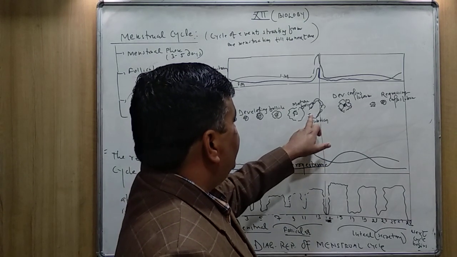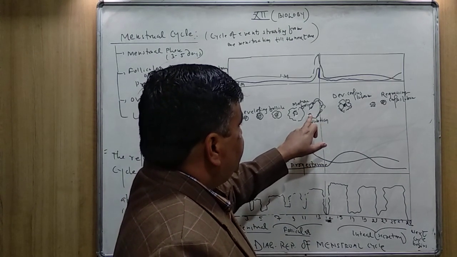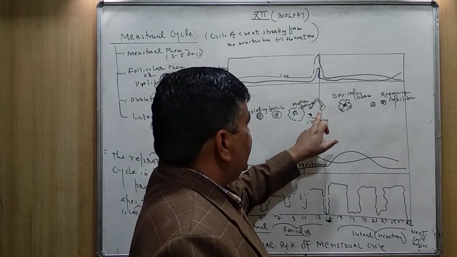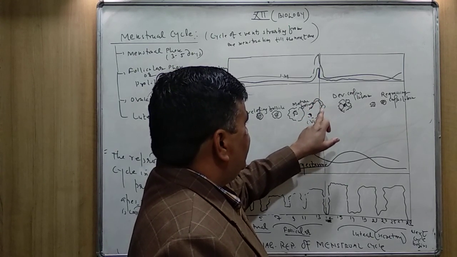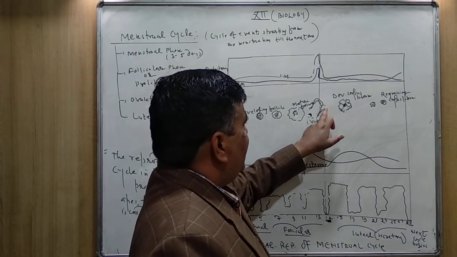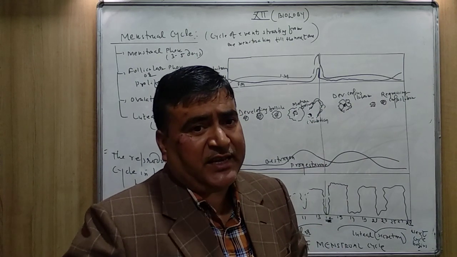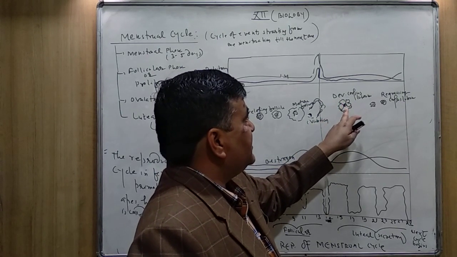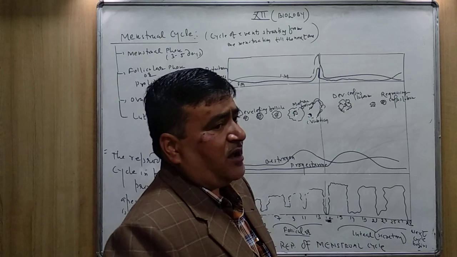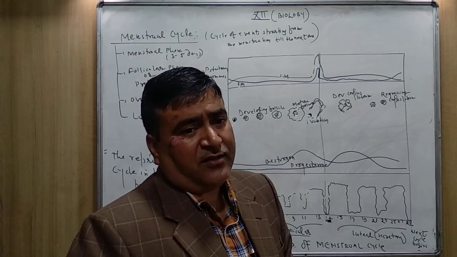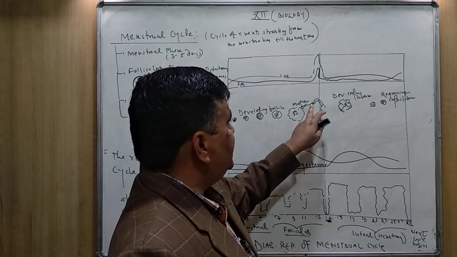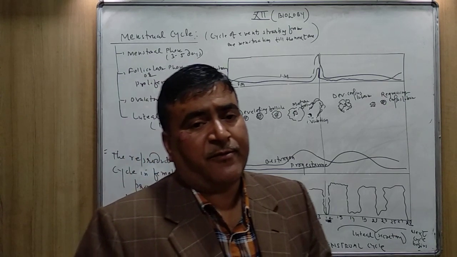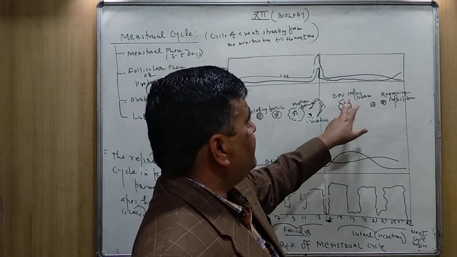You can see here, in the ovulatory phase, the ovum is released, and now the ruptured Graafian follicle cells are converted into a yellow mass of endocrine tissue, and this is called corpus luteum.